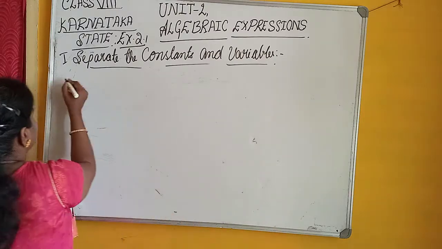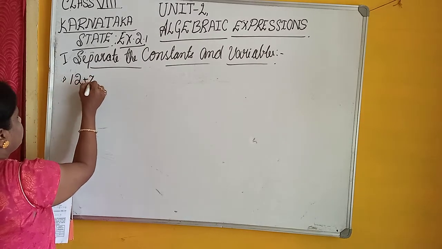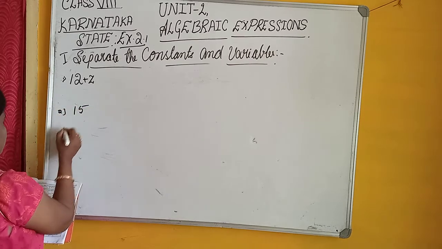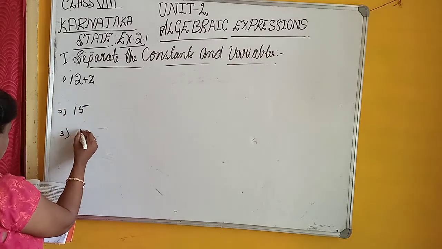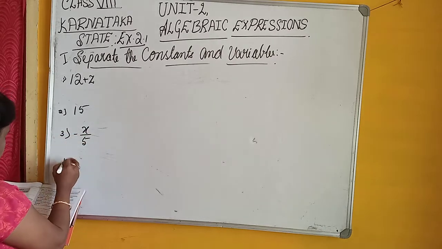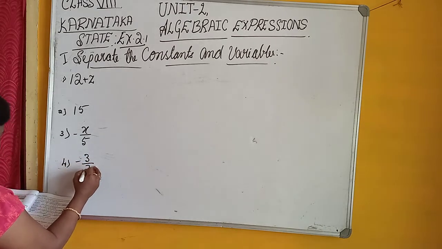Here, the first one is 12 plus z. Second one is 15. Third one is minus 6 by 5. Fourth, minus 3 by 7.